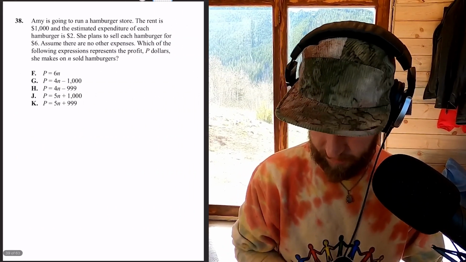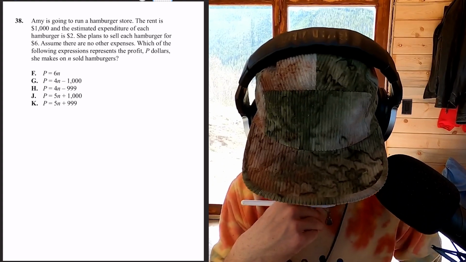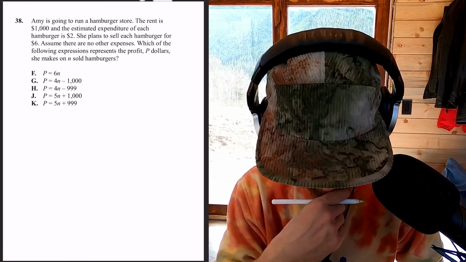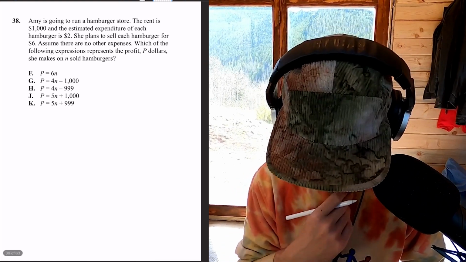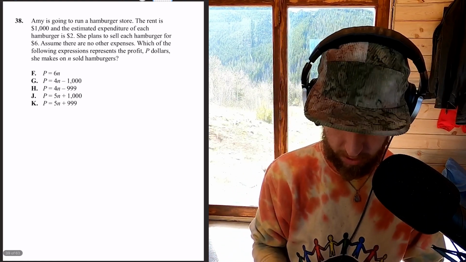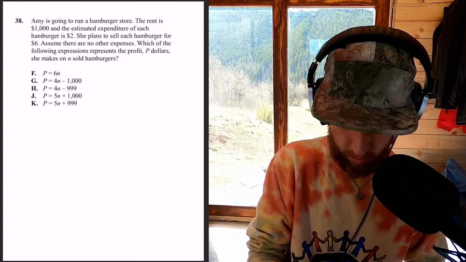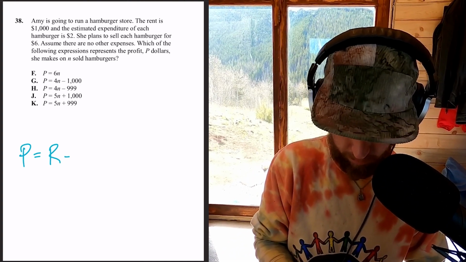I don't know. Amy is going to run a hamburger store. The rent is $1,000. An estimated expenditure of each hamburger is $2. And she plans to sell each hamburger for $6. So profit equals revenue minus cost.